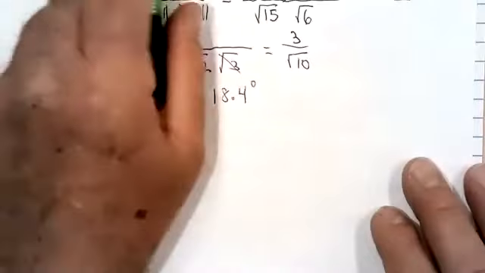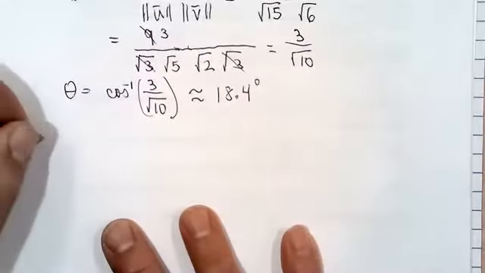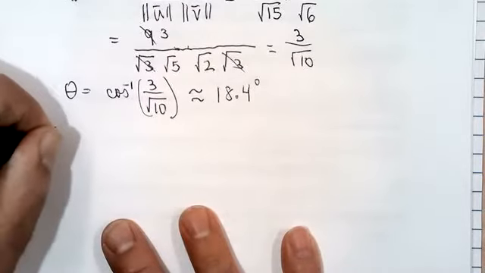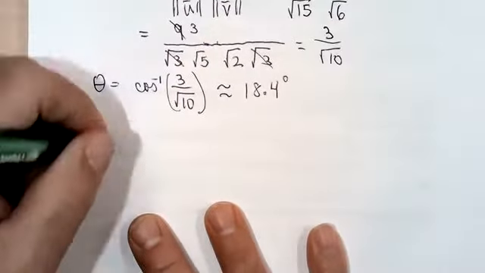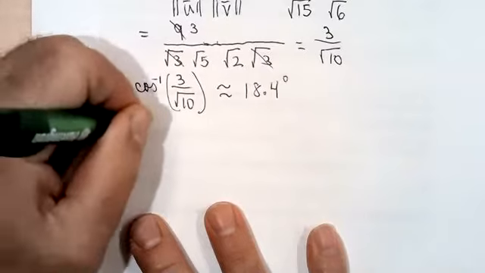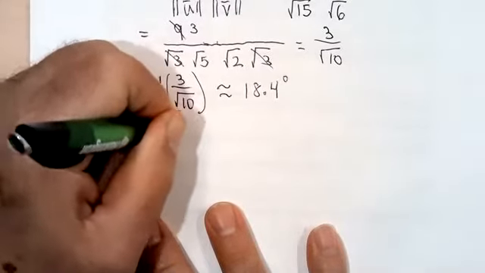Okay, the distance between the vectors then. Distance between u and v. We have a formula that says it's simply the norm of u minus v.